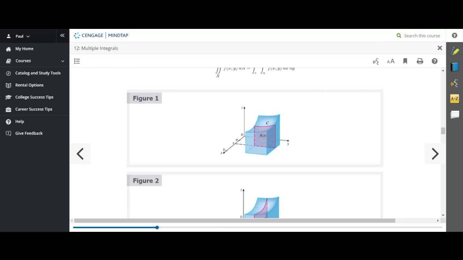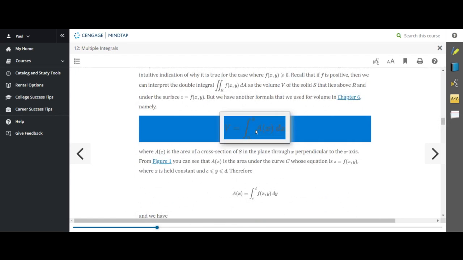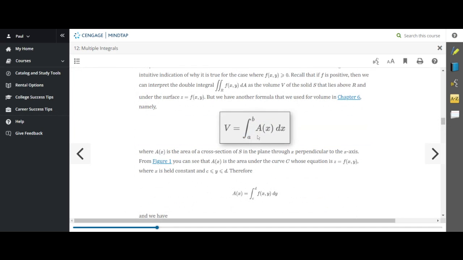Now, in calculus 2, if you remember from chapter 6, if we wanted to find the volume of that solid, the volume would be the integral from a to b of the cross-sectional area A of x dx.